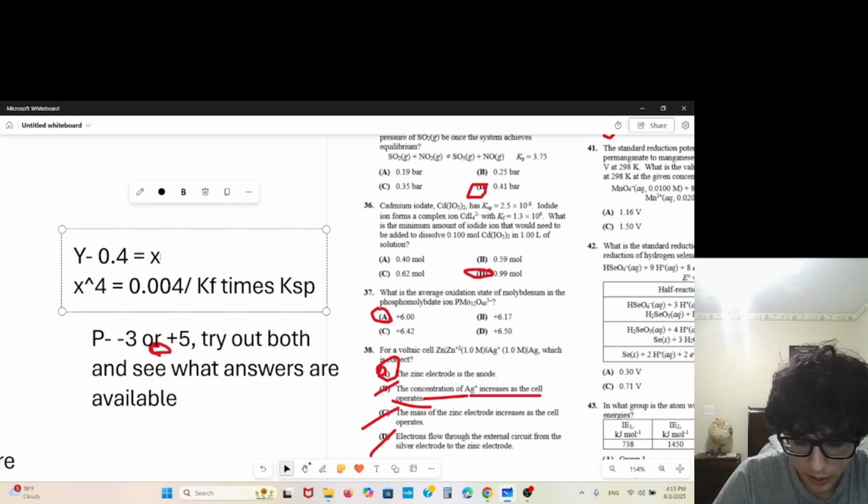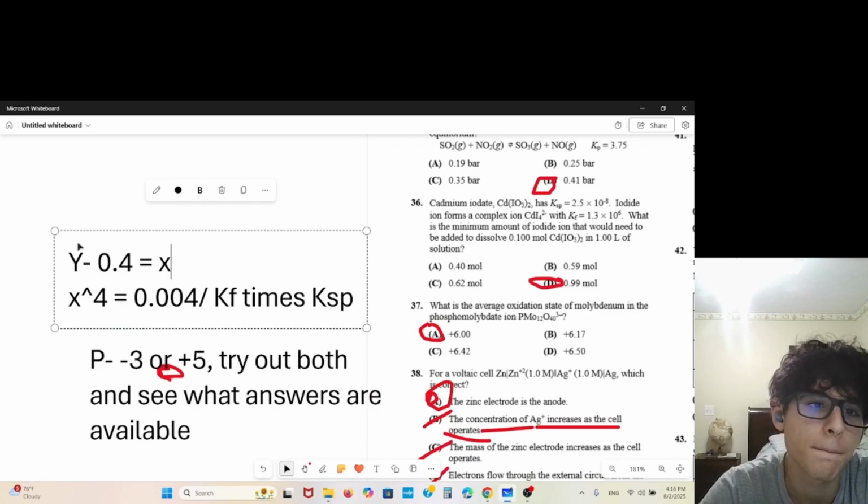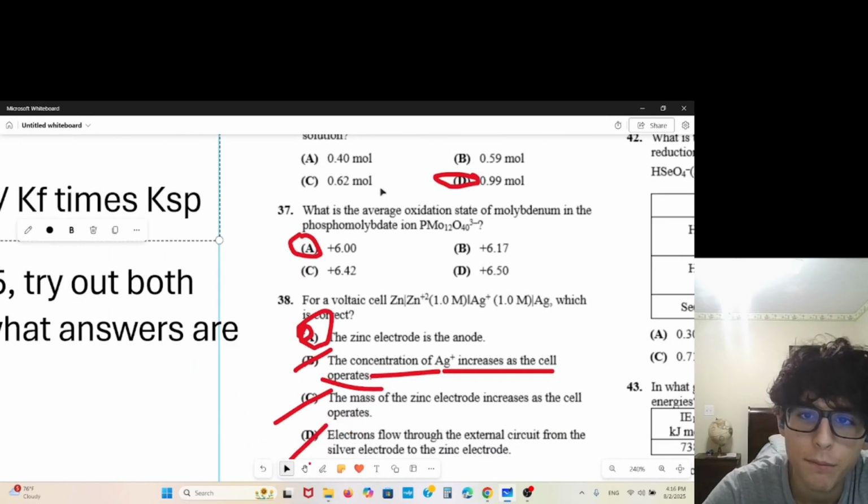You do your division correctly. Make sure to write this down, and you're going to get your fourth root and 0.59. So that is the answer. Is it? No, it's not, because, well, don't forget this, right? So we got to add 0.4. Okay. Very simple. What is the average oxidation state of molybdenum in the phosphomolybdate ion?